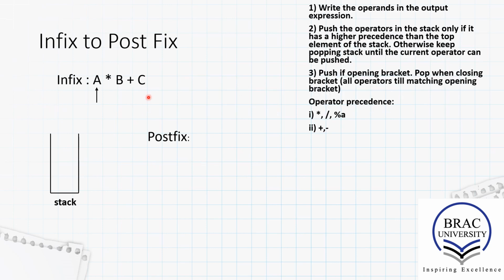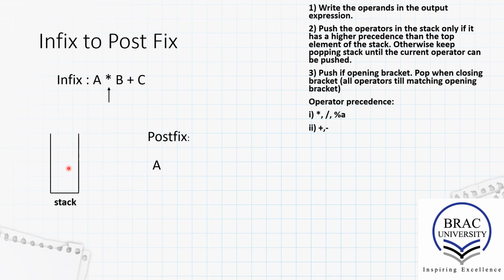Now let's do the conversion for this expression. To begin with, I have A, which is an operand, so I will write it in my postfix expression. Next, I have multiplication. Since it's an operator, I will push it inside the stack.